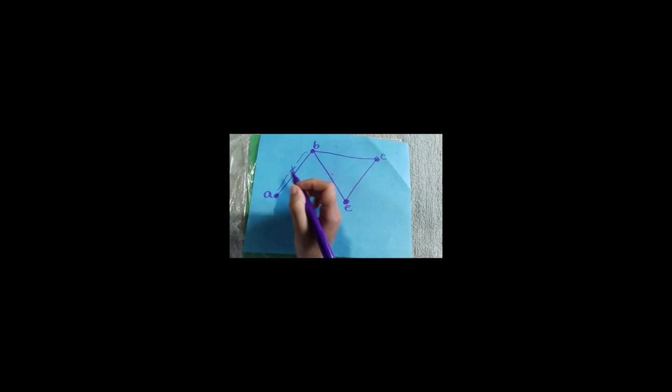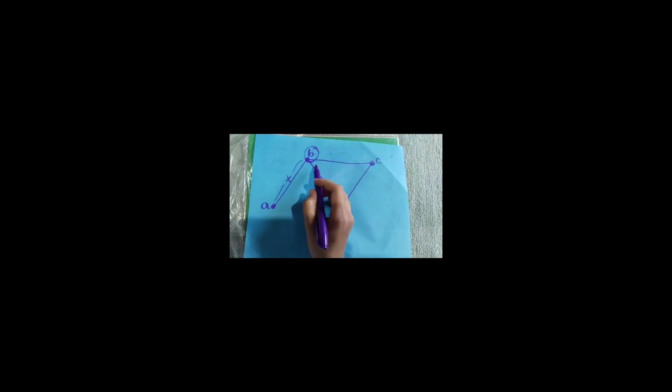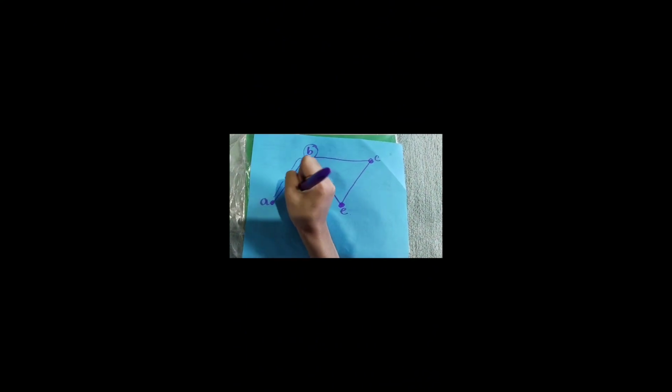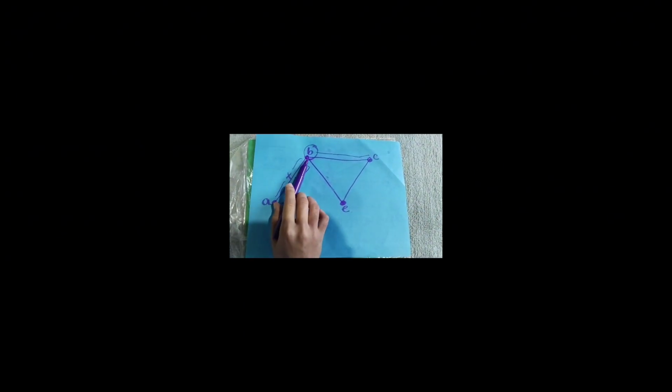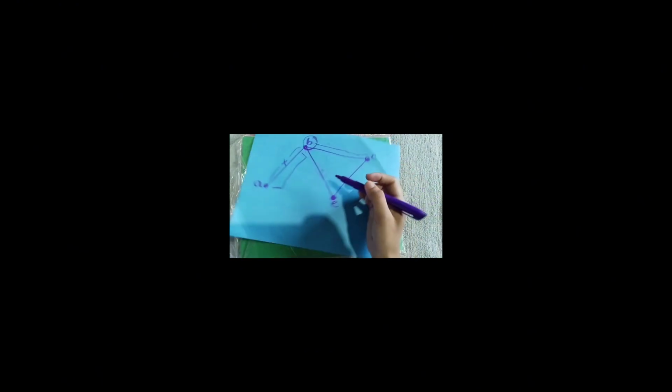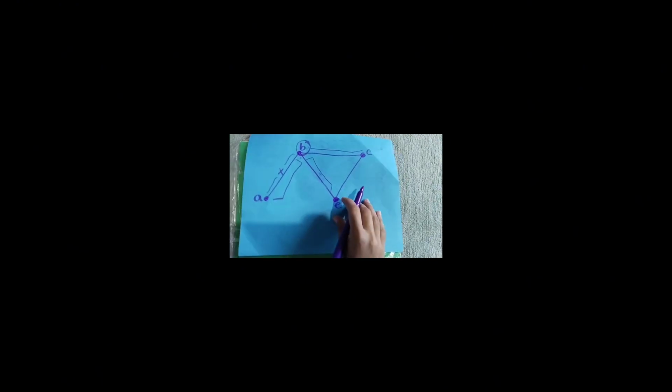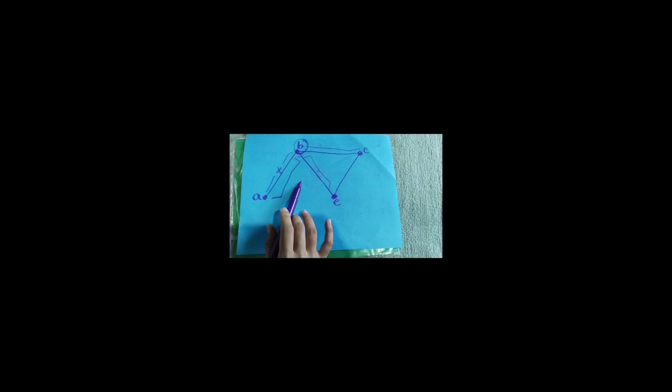For the adjacent, we will look for the adjacent of B. B is adjacent to A, and B is adjacent also to vertex C, and B is adjacent to vertex E. B has 3 adjacent vertices.